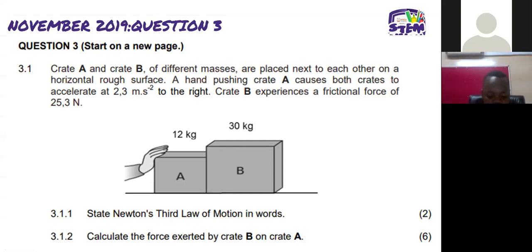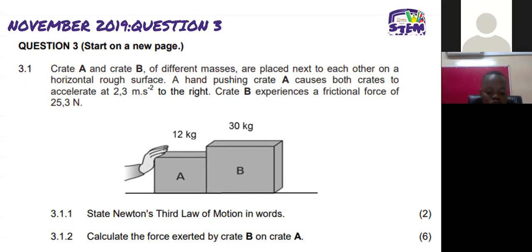Now, if they're in contact with each other, it means they are exerting a force on each other. So A exerts a force on B, and B exerts a force on A. Now, if they exert forces on each other, we definitely understand that that has to do with Newton's third law of motion, right?